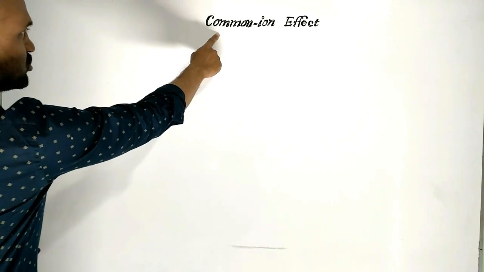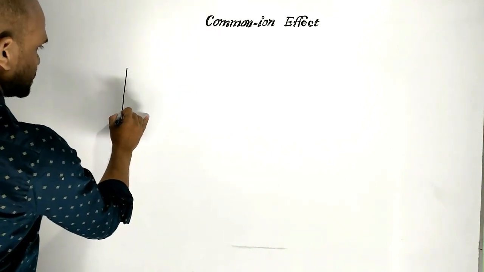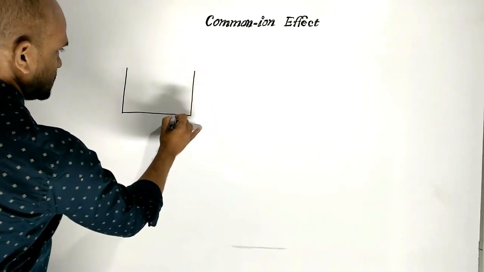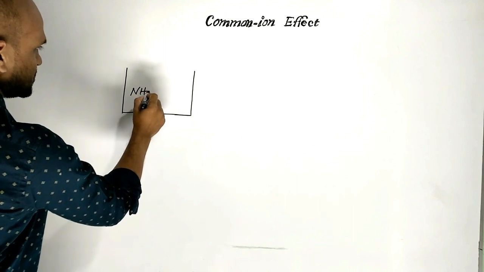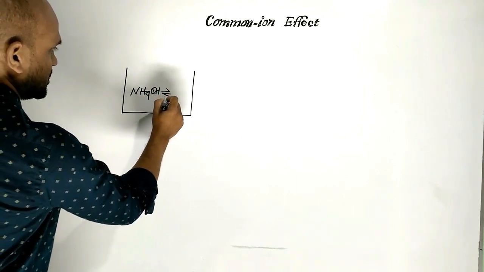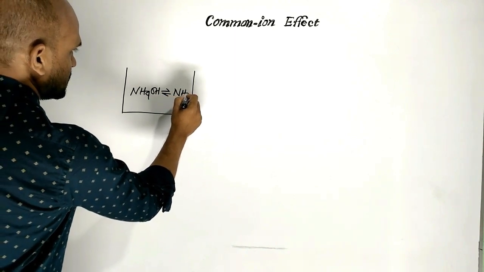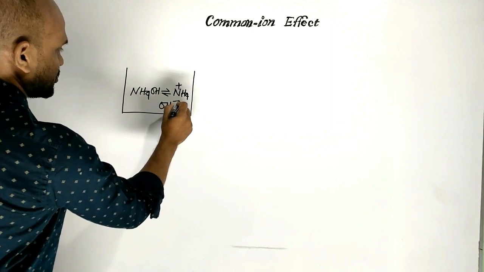Now we are going to learn common ion effect. Suppose this is a solution of ammonium hydroxide that ionizes partially to form ammonium ion and hydroxide ion.